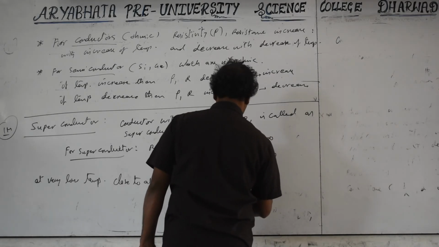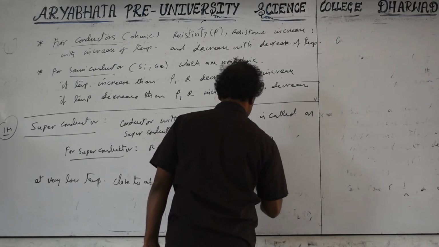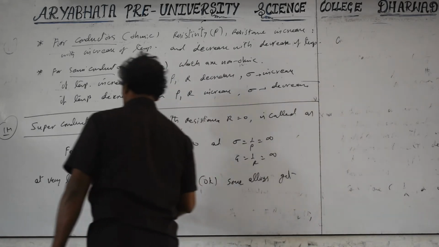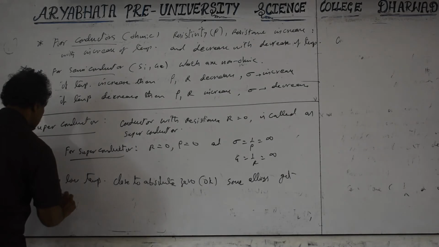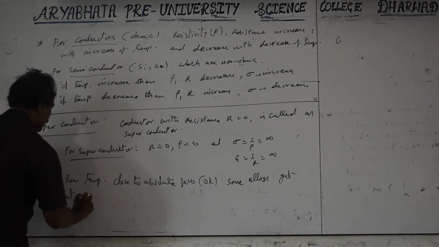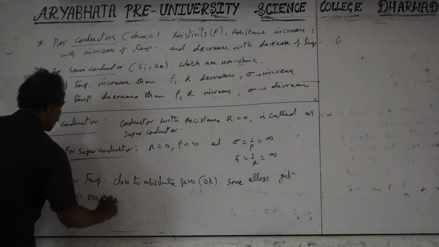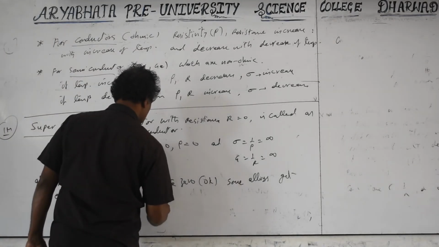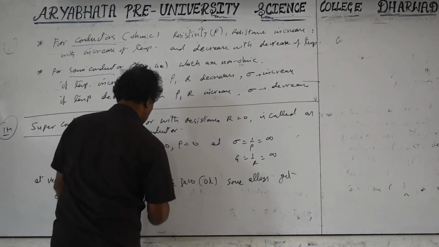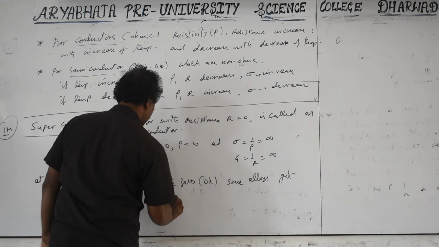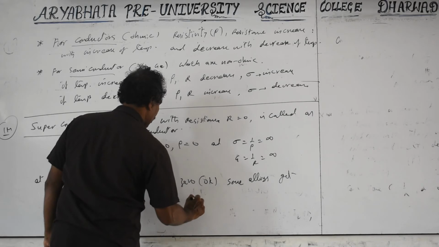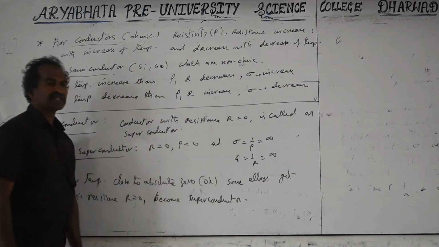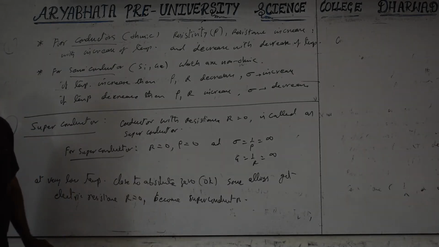Some alloys get electric resistance equal to 0 and are called superconductors. Special superconductors repel the magnetism. They are called diamagnetic.